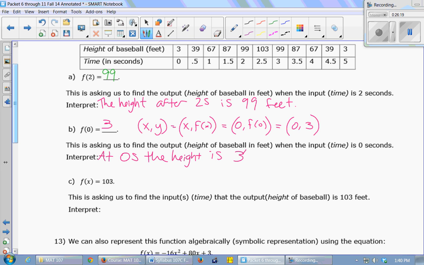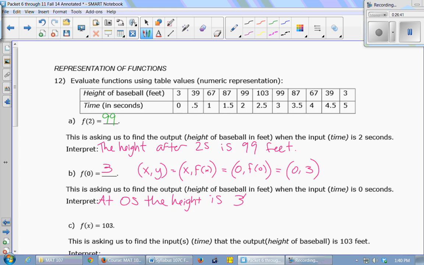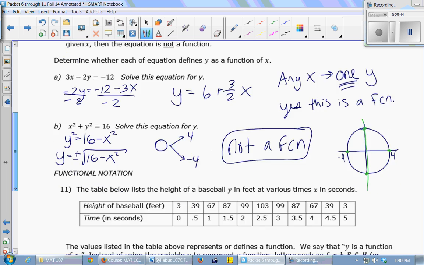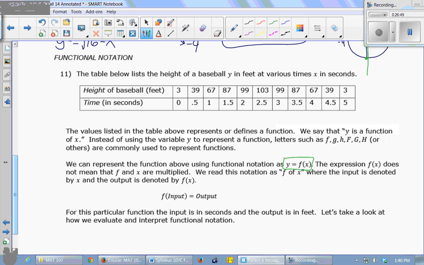How do we know that we're asking for the height rather than the other way around? Because it's always y in terms of x. Yeah. So the x, or the input, is always the thing in parentheses, and the thing outside that it equals is the output, or the y. And I think when I described this, I said the height of the baseball is y and the time is x.